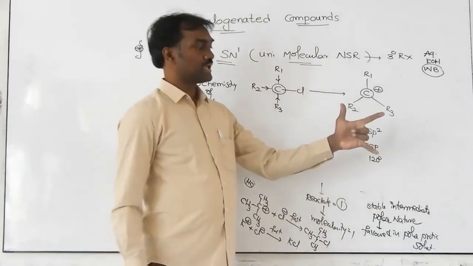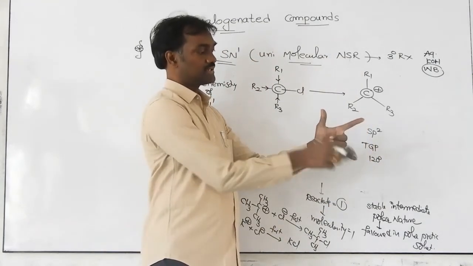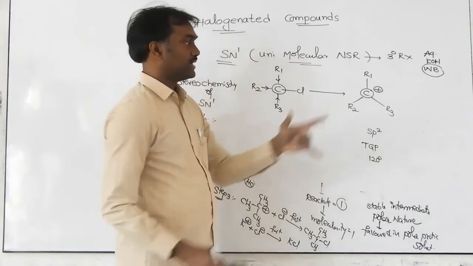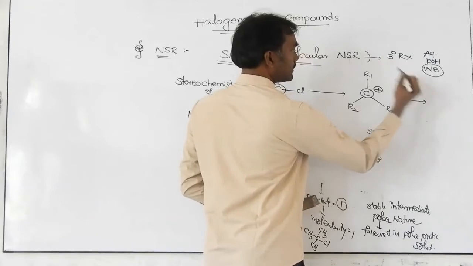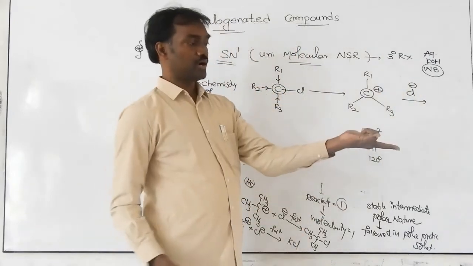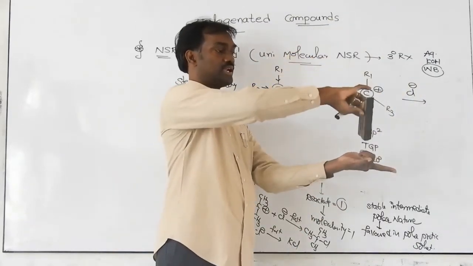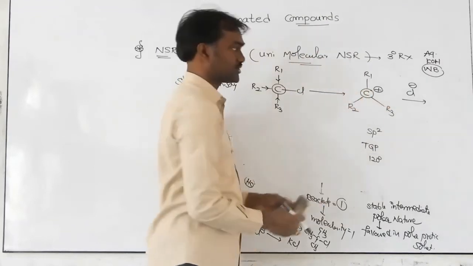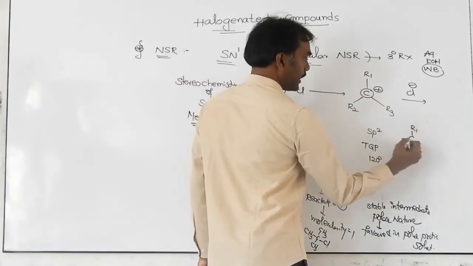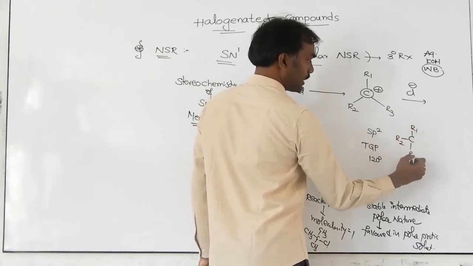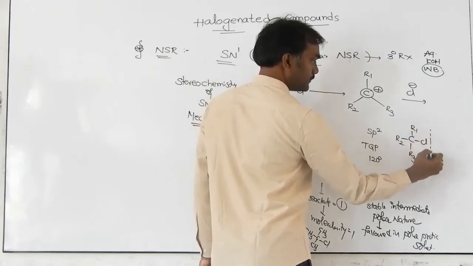So it looks like this: the middle carbon plus 3 groups. Now the chlorine is connected. In what way? It can come from the above side, or it can come from down also. So you are getting 2 products, R1, R2, R3 carbon with chlorine.